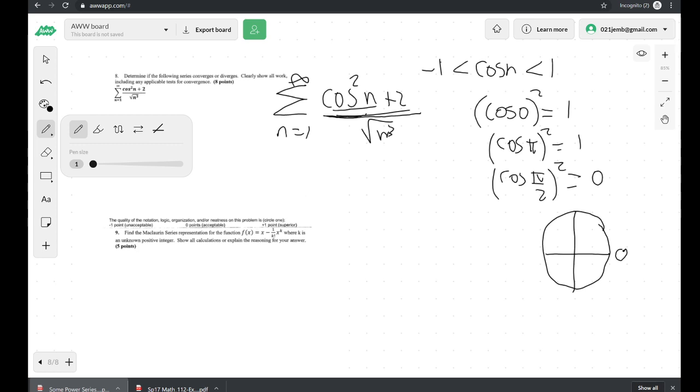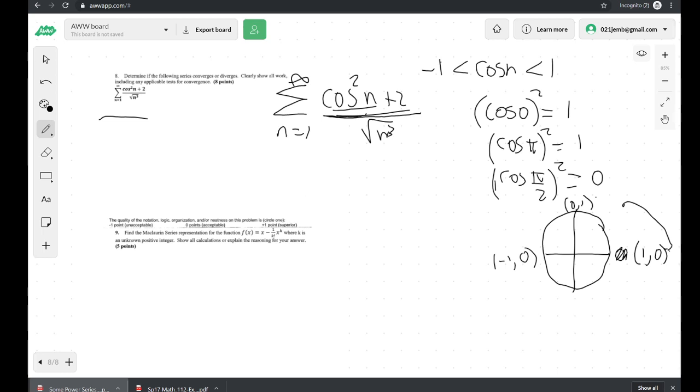This is (1, 0), this is (1, 0), and over here we have (0, 1) and (-1, 0). So the values for cosine squared of n will oscillate between 1 and 0, going from here to here and so on, because the absolute value of that is just going to be from 0 to 1.